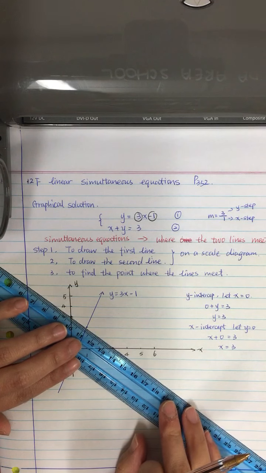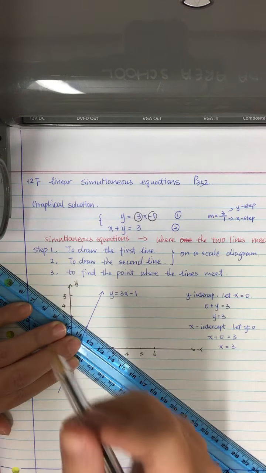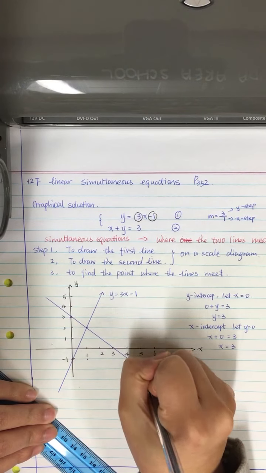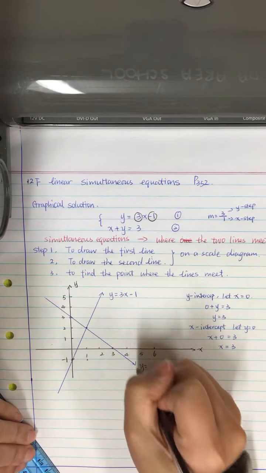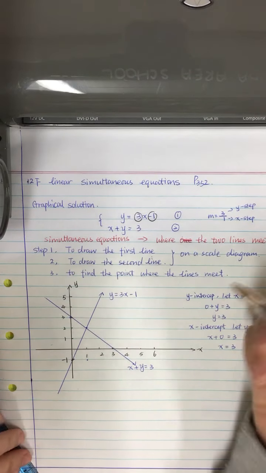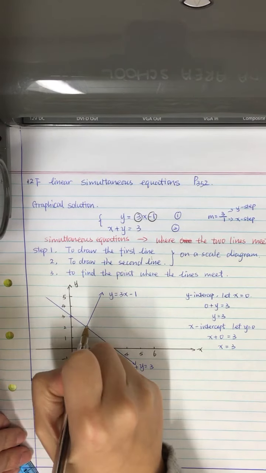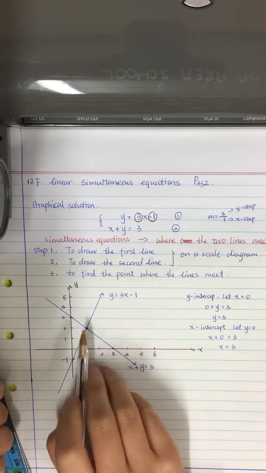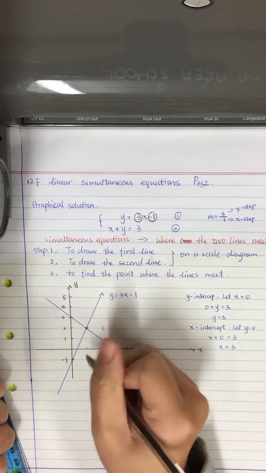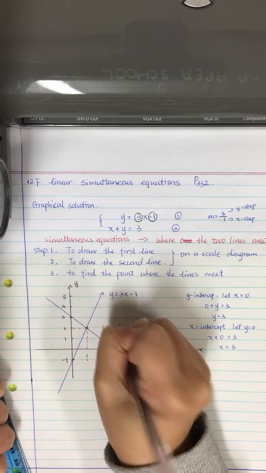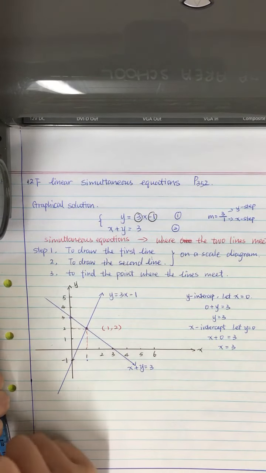Then I can draw a line through these two points, and that will be my graph for x plus y equals 3. Now that's the point where they meet, and I can straight away read that point, which is 1 and 2.